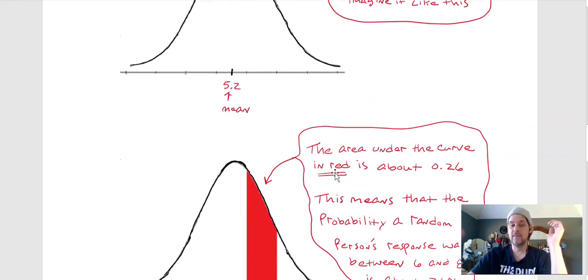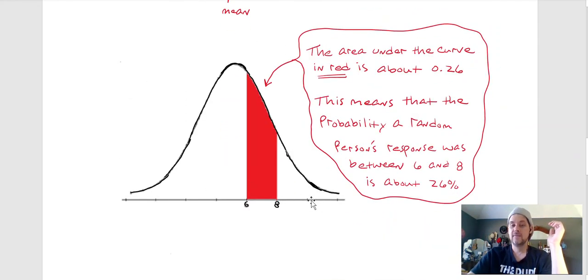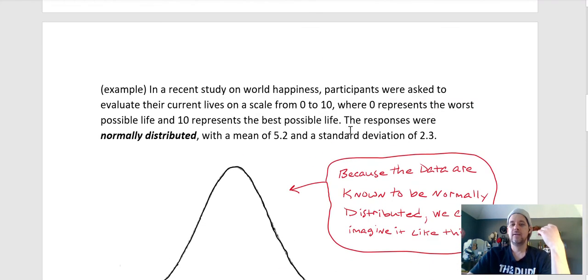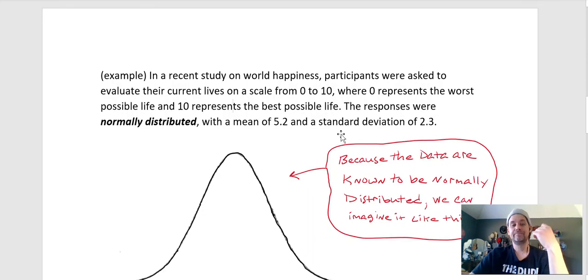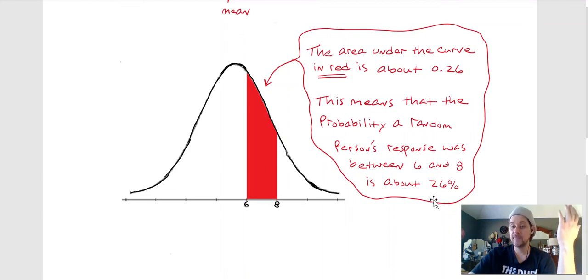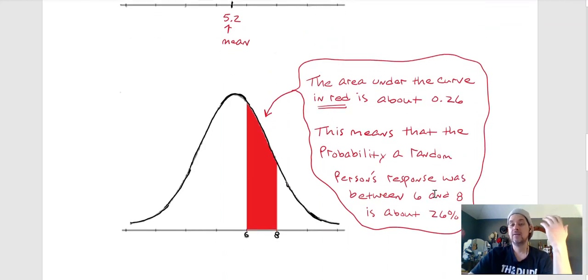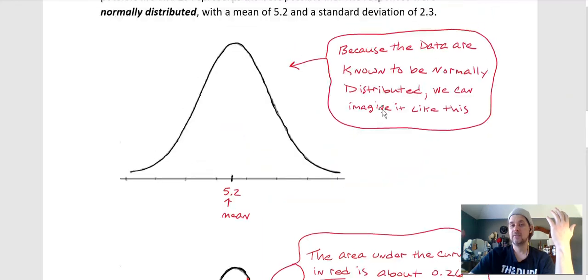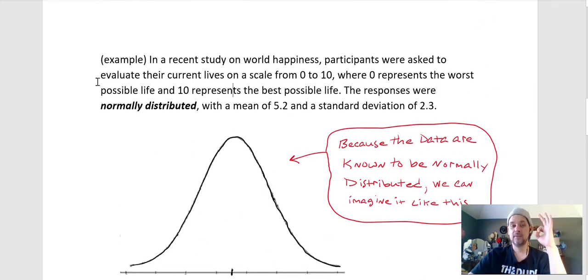That would be the area on this curve from 9 to 10, which I could also calculate. And I might wonder, how many people, just like it says here, rank their happiness somewhere between 6 and 8. Well, of that whole study, about 26% of them did. I can do all those calculations just by knowing 3 things: that the data was normally distributed, by knowing the mean, and by knowing the standard deviation.